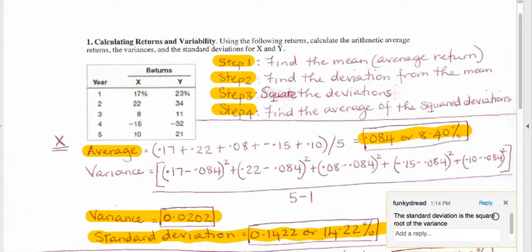The standard deviation is the square root of the variance. So when you find the square root of 0.0202, you get a standard deviation of 0.1422 or 14.22%. So this is for x.